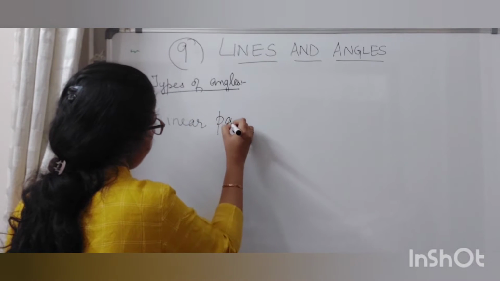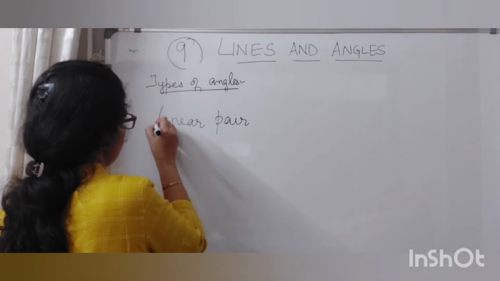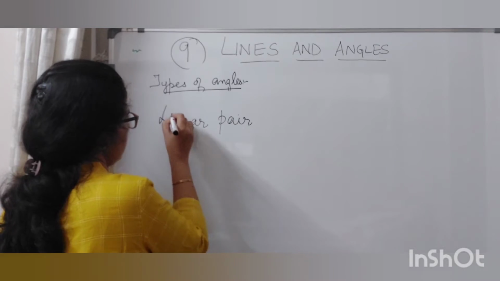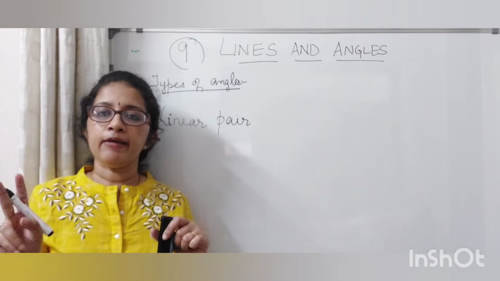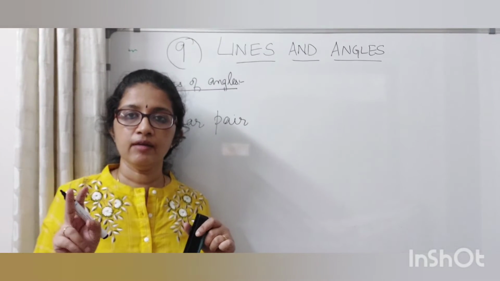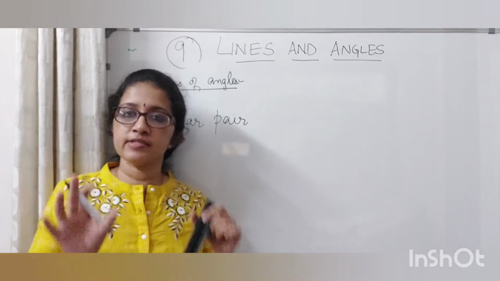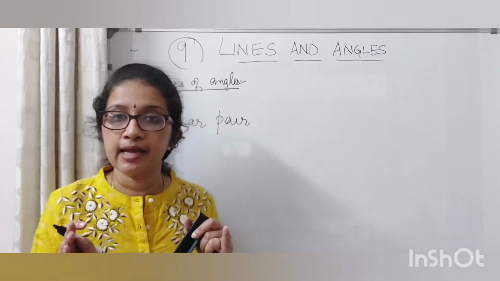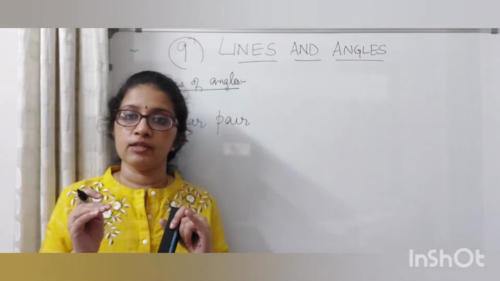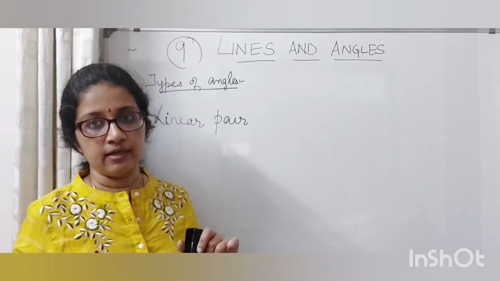A linear pair is a pair of angles which are adjacent angles, but these adjacent angles satisfy one condition. So let's see what that condition is.